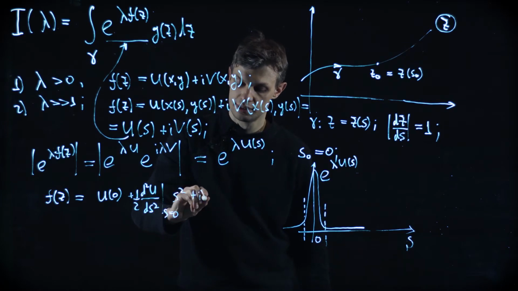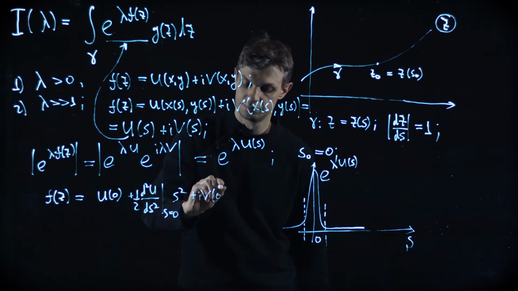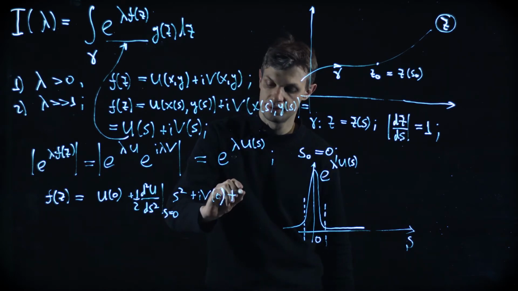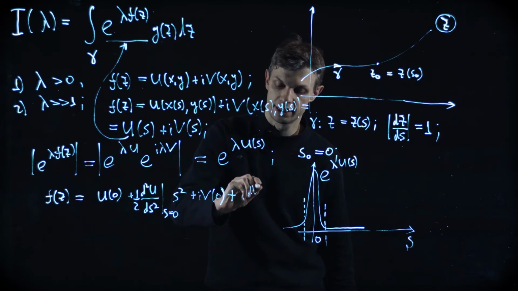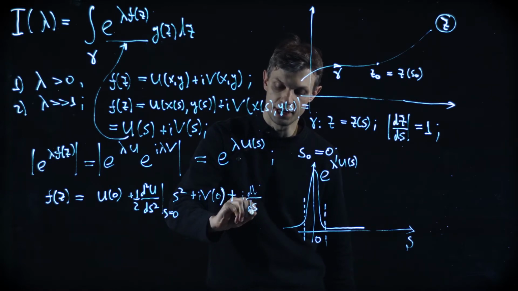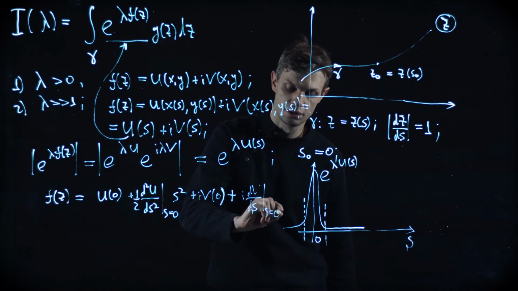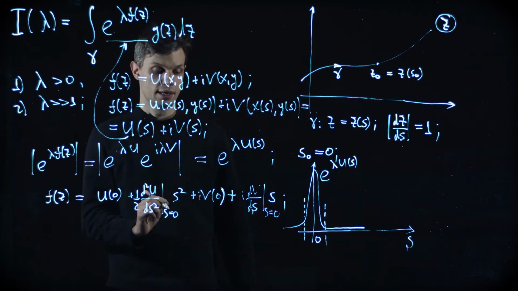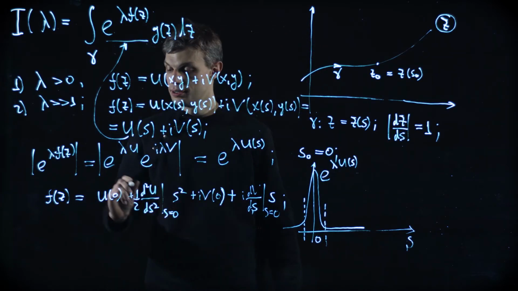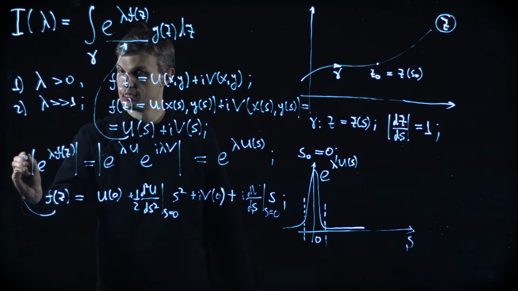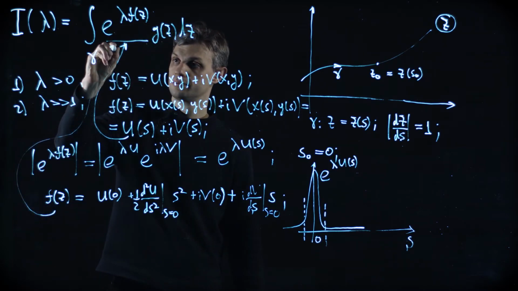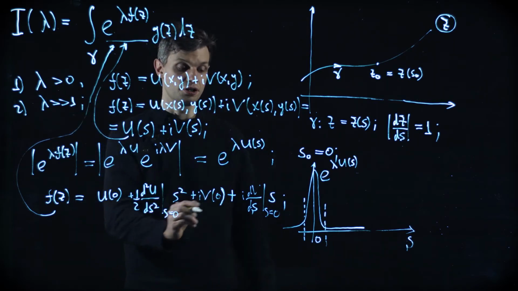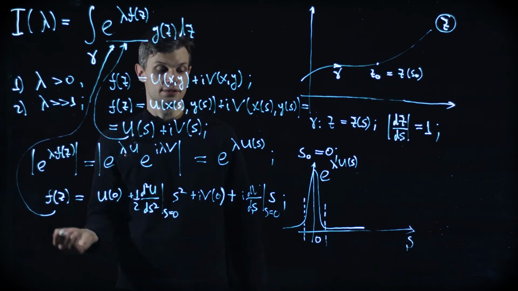Now there is the imaginary part, and the first derivative term coming from the change of the imaginary part. Now we just need to plug this expansion into our integral, and it's going to be a simple Gaussian integral.